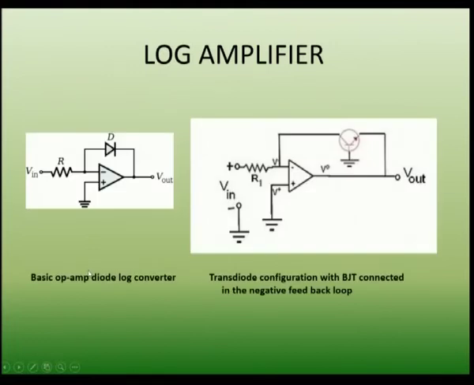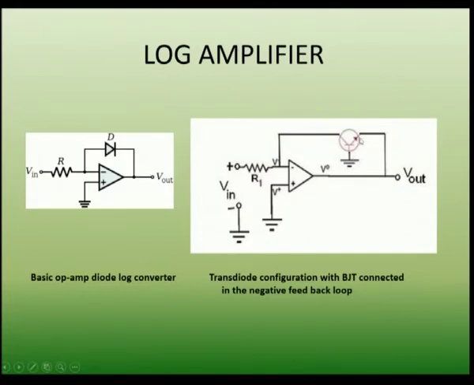So, these are the circuits of the log amplifier. When you see the log amplifier circuit, in the first circuit, a diode is present in the feedback. So, we can use a diode in the feedback circuit of the log amplifier, otherwise we can use a transistor instead of the diode.